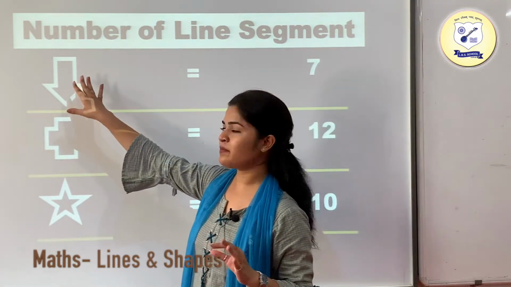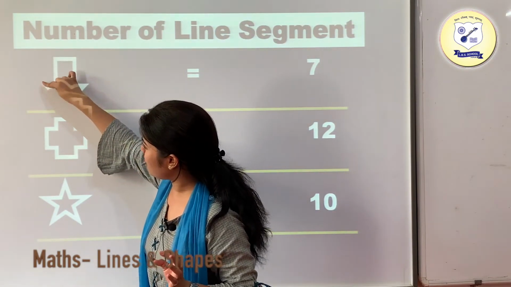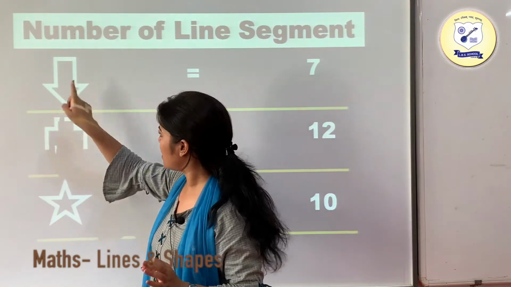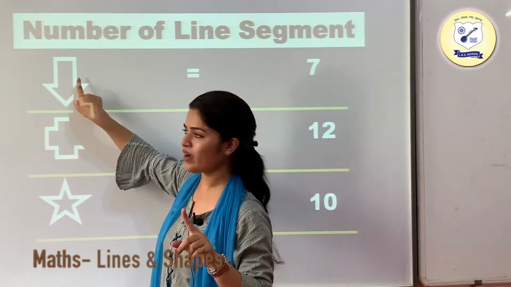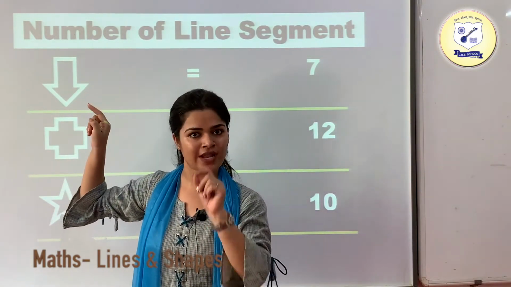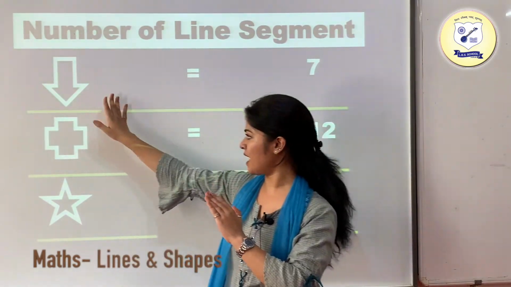Similarly, this is a picture of an arrow. As you can count, we have 1, 2, 3, 4, 5, 6 and 7 line segments. Here you can see that there are two endpoints: this is the first endpoint and this one is your second endpoint, so this is also considered a line segment. So in all we have 7 line segments in this arrow.